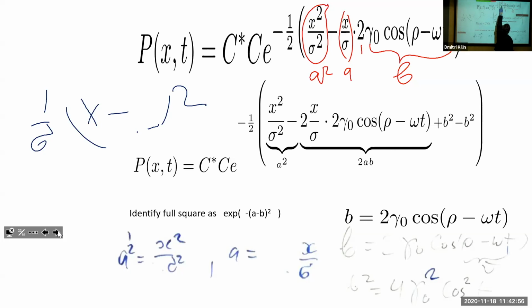So we got x squared minus x gamma naught cosine of this stuff, initial phase and then phase accumulation.